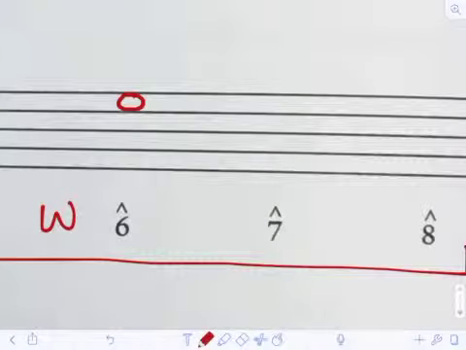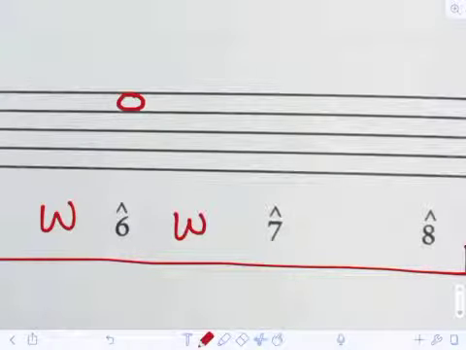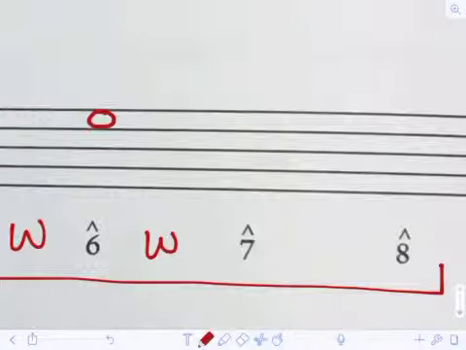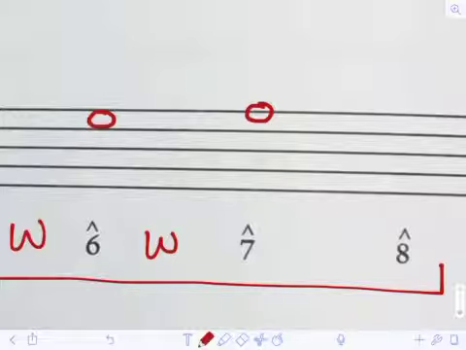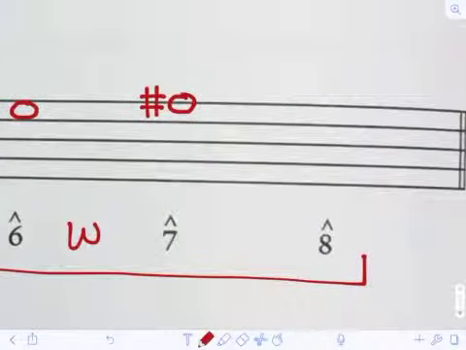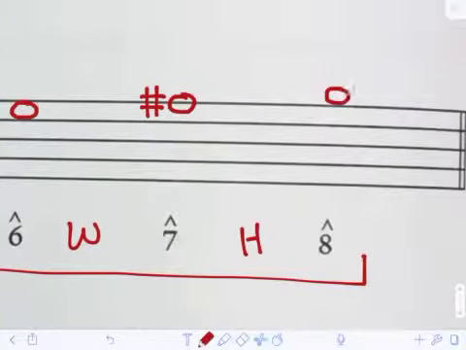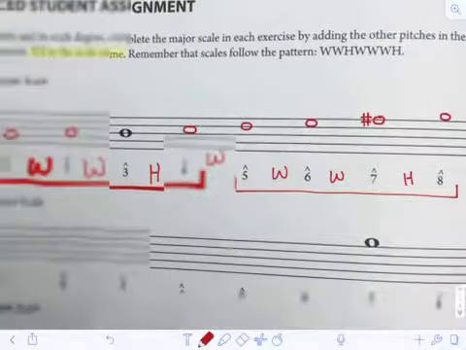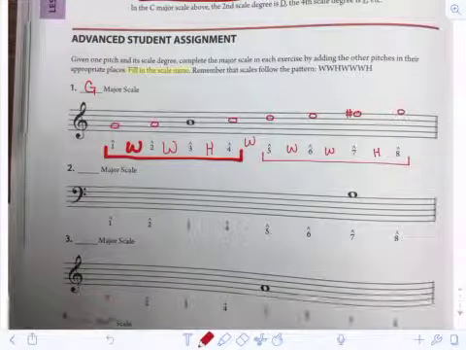Now we need one more whole step above E. This is where they're going to try to trick you, because E to F is just a half step. So we have to use a sharp sign in front of it to raise F half a step to create more space and make it a whole step. That kills 2 birds with 1 stone, because F sharp to G is a half step. There's number 1.